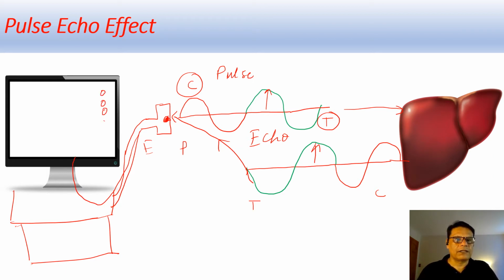So one crystal sends millions of pulses, so millions of dots are produced on the display.